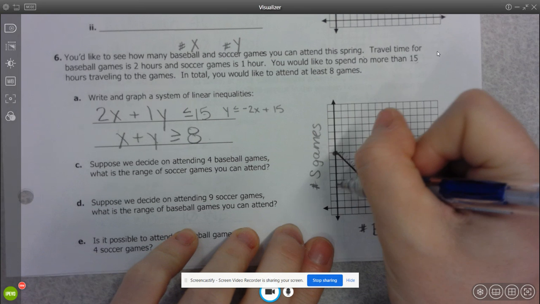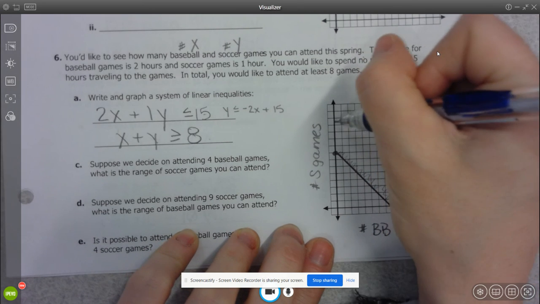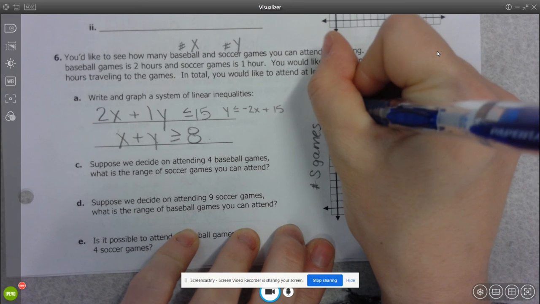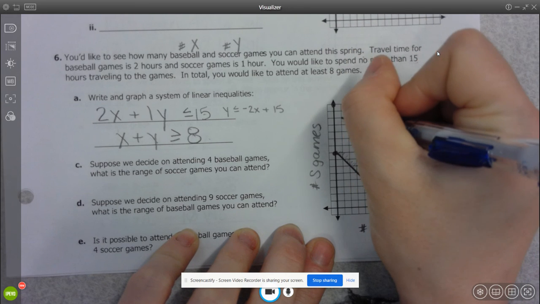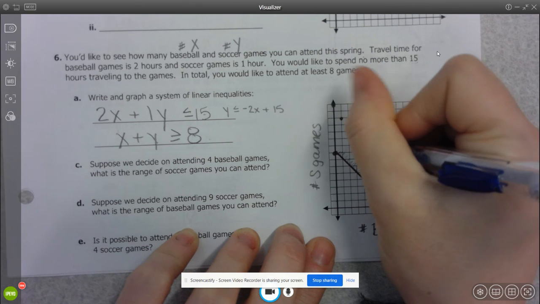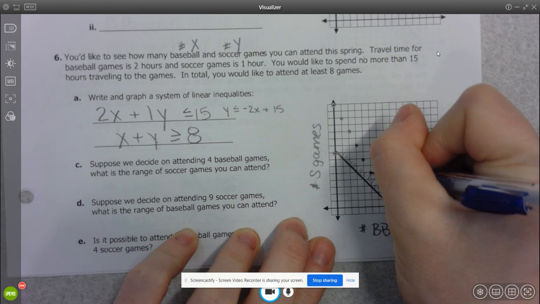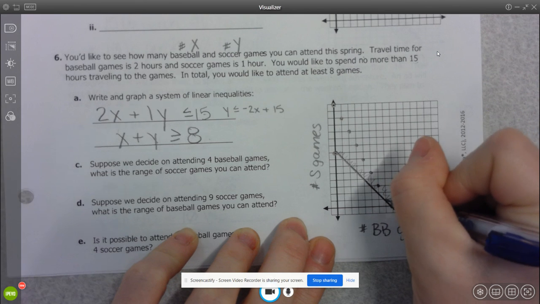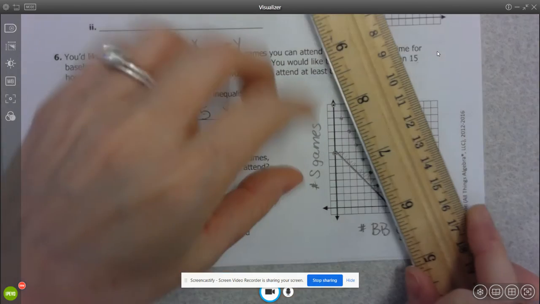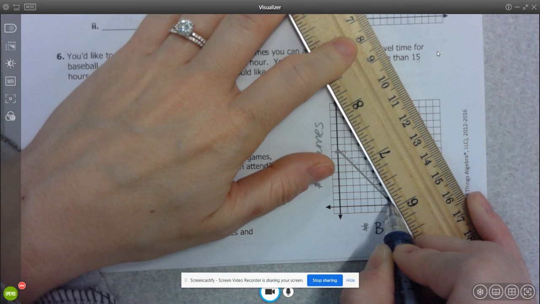1, 2, 3, 4, 5, 6, 7, 8, 9, 10, 11, 12, 13, 14. Beautiful. So I'm going to go down 2 and over 1. All right, so here is my travel inequality.